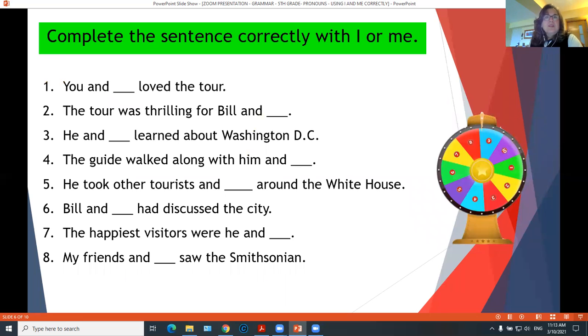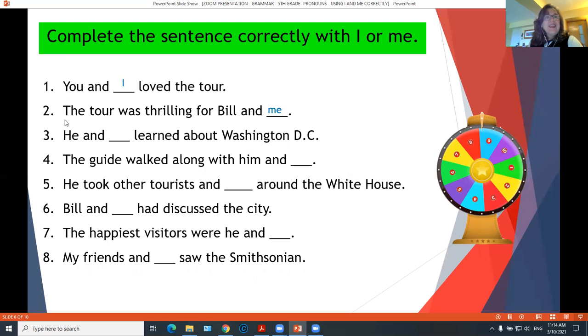More examples. Complete the sentence correctly with I or me. So we have, "You and _ love the tour." In this case, it's the subject, so it's you and I. Number 2, "The tour was thrilling for Bill and _." In this case, it's the object, so we use me. 3, "He and _ learned about Washington, D.C."